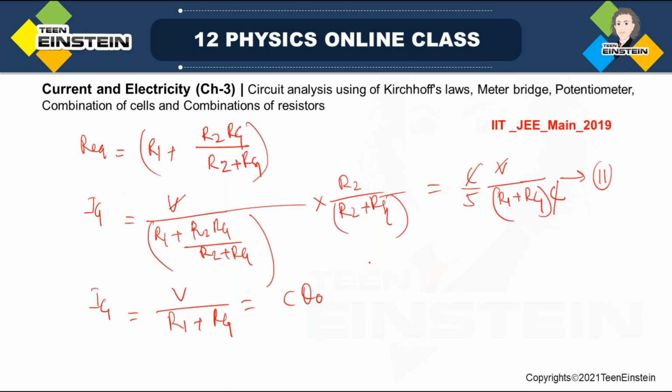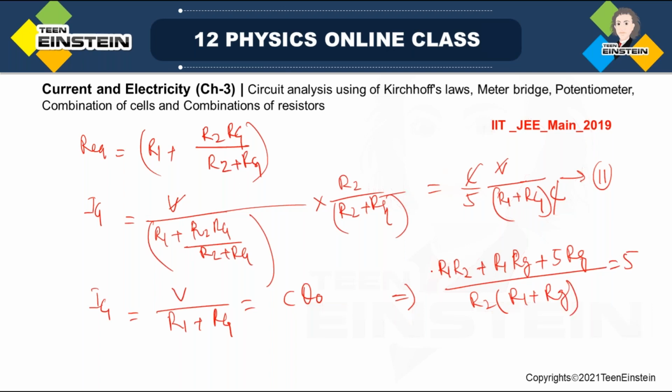Finally, after solving these equations, if you just solve it, we get R1 R2 plus R1 Rg plus 5 Rg divided by R2 into R1 plus Rg is equal to 5.